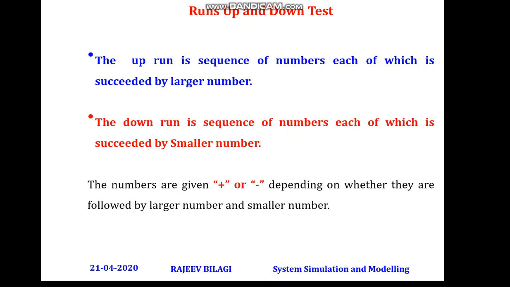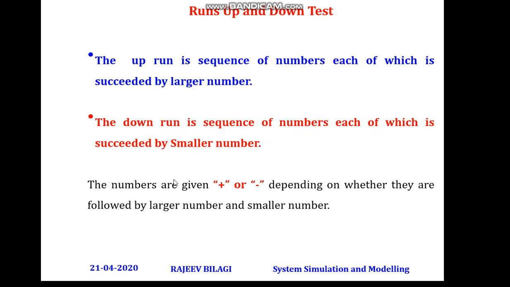For example, the first number is 0.23, and the next number is 0.37. The very next number following the current number should always be larger. Then a run down is a sequence of numbers, each of which is succeeded by a smaller number. For a current number, the very next number should be smaller than the current number. This is what we call a run down.